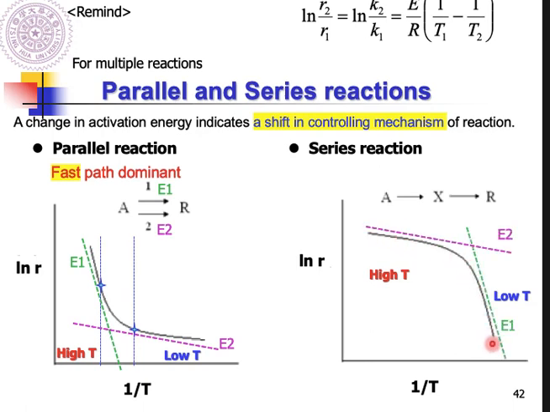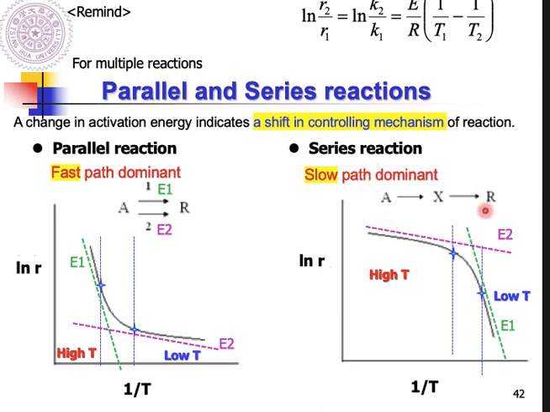After fitting with reaction 1 and reaction 2, you find that your experimental results fit more closely with the slower reaction. At high temperature it would be reaction 2, and at low temperature reaction 1. So in this case the slow path dominates; it belongs to a series reaction.